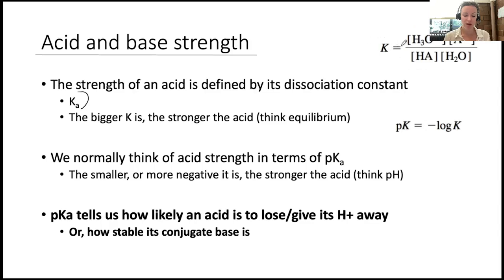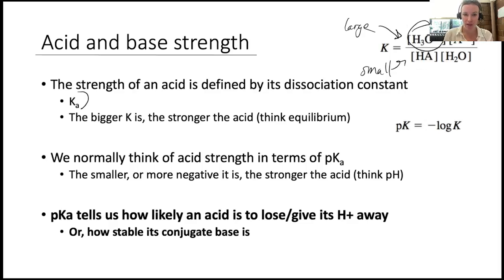If K is large over here, it means that the numerator is large and the denominator is small. That means that most of our acid has dissociated, has donated a proton to result in hydronium being formed. Again, we're in aqueous solutions. So a large Ka tells us that the acid is strong because it's donated most of its protons.